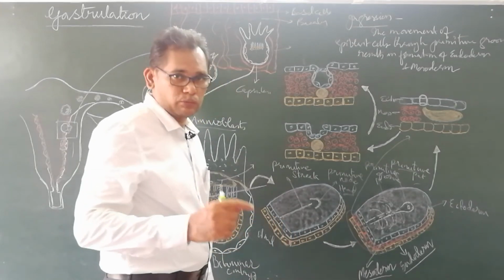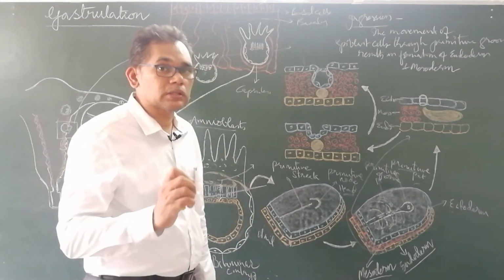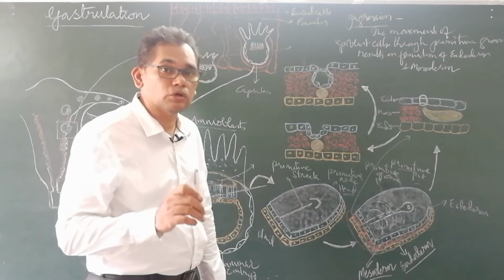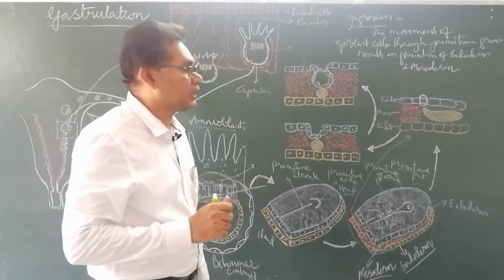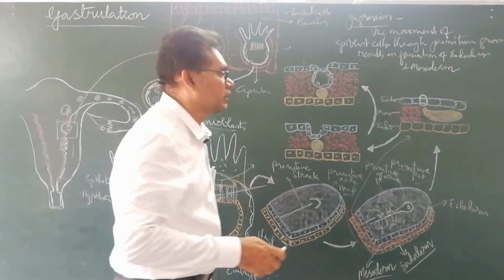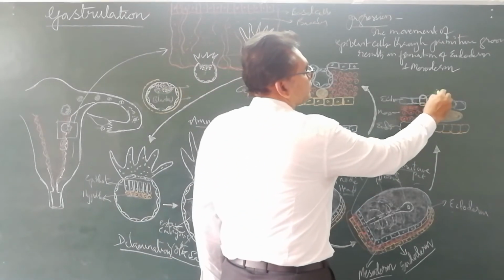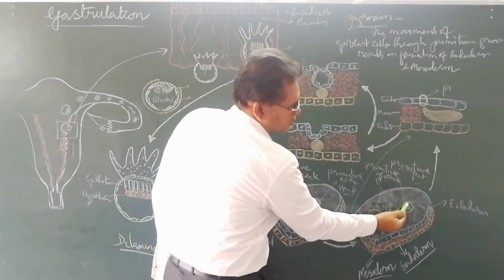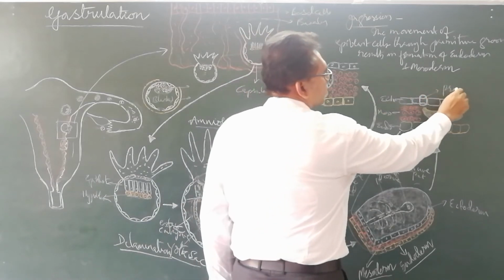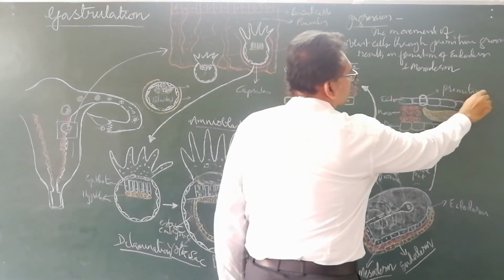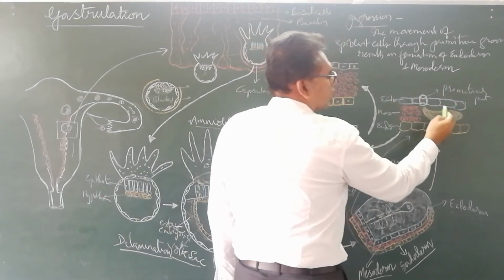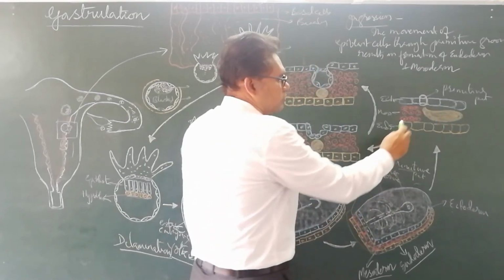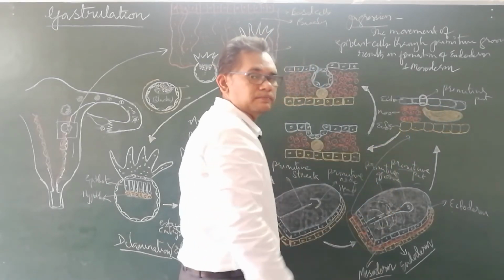Now we are explaining the formation of the notochord. How has this notochord formed? Here, look, this is the primitive pit. This is the ectoderm, this is the mesoderm, this is the endoderm.